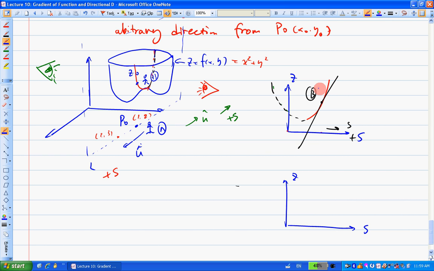The green one should be this one here, right? Yeah. So this is the green eye here, and this is going to be the red eye here.